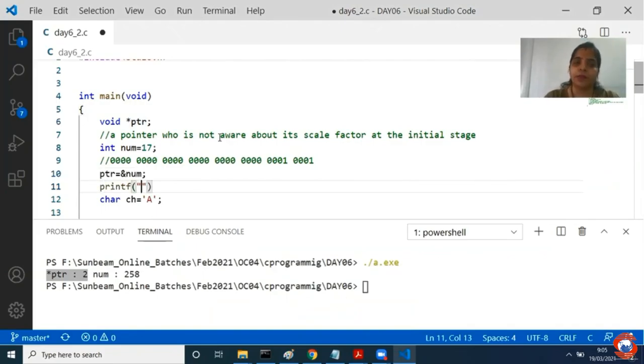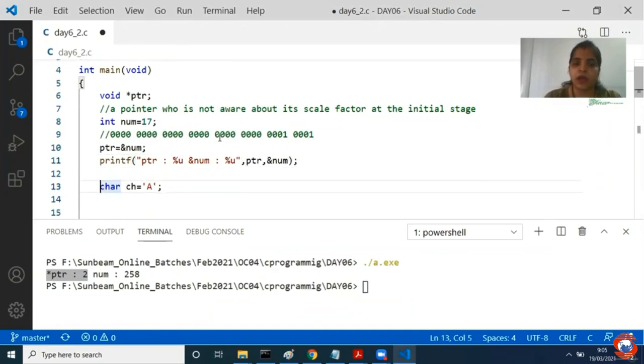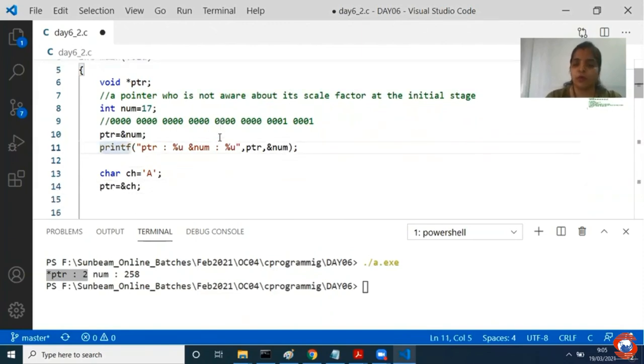Let us print ptr in %u and the address of num in %u. And later on, I tell my pointer to store the address of ch. One more time, let me print the pointer and the ch address.